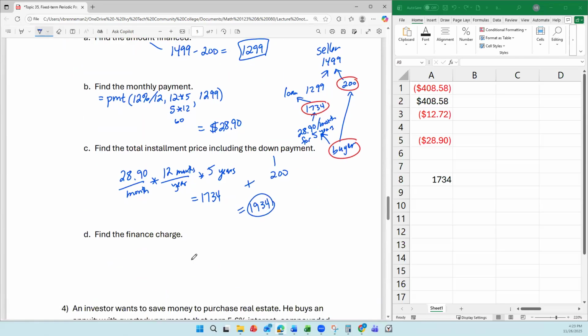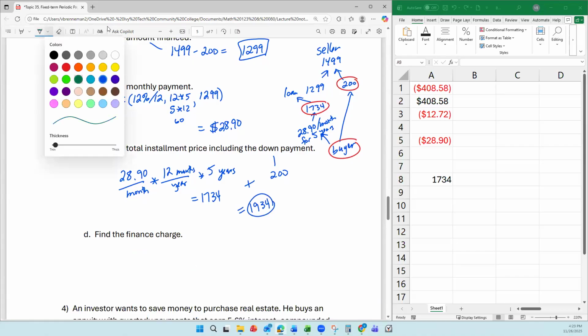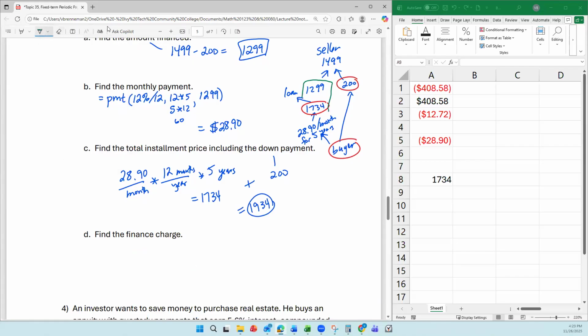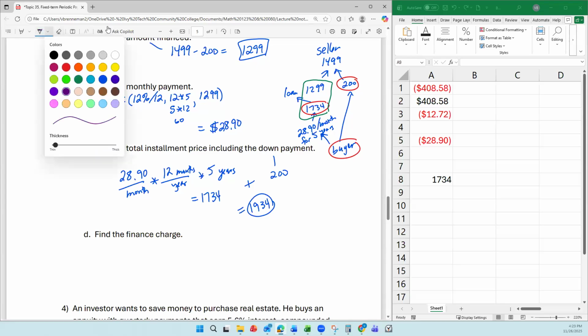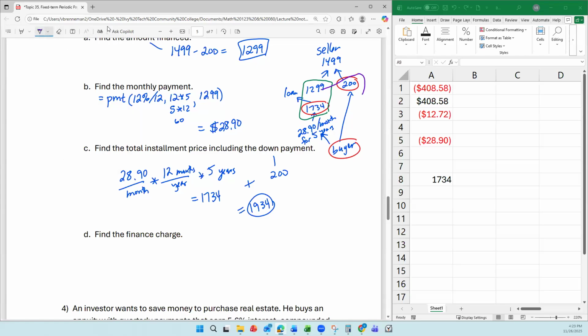The finance charge, you can look at either, you can compare the 1734 minus the 1299, or you can look at the total the buyer paid versus what went to the seller.